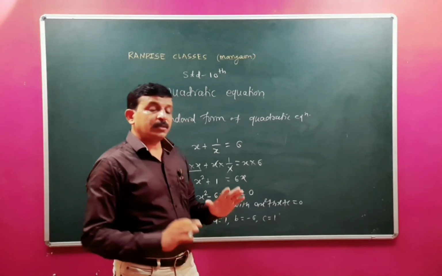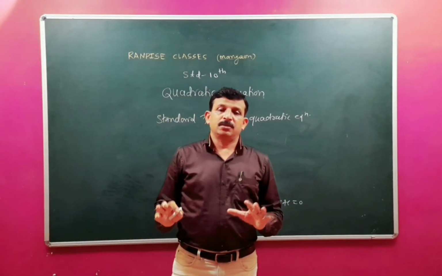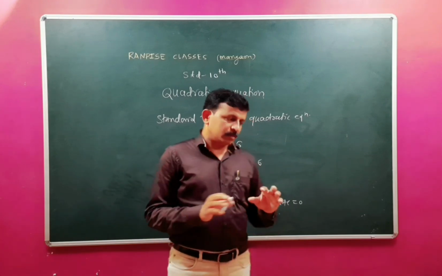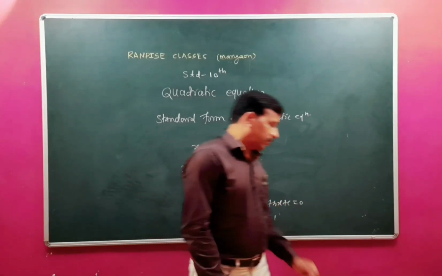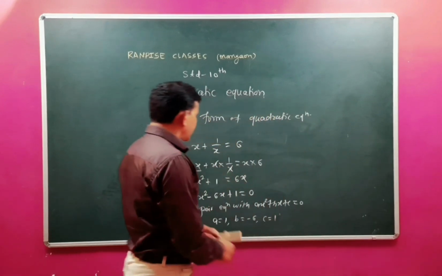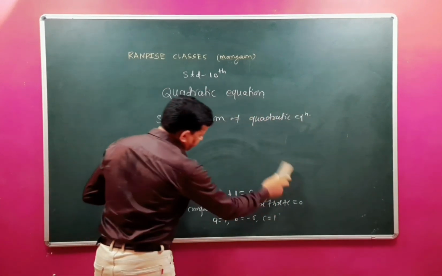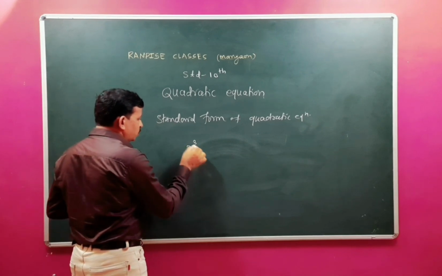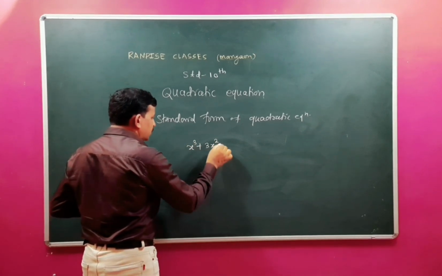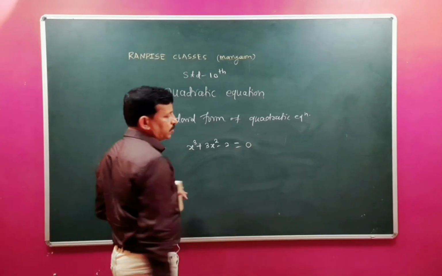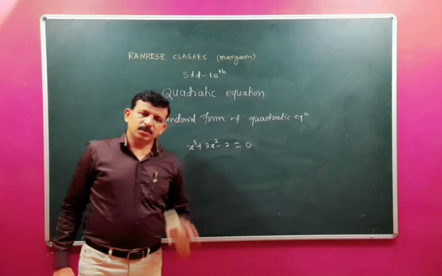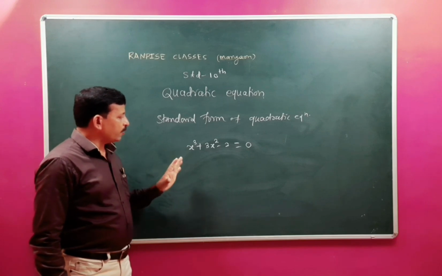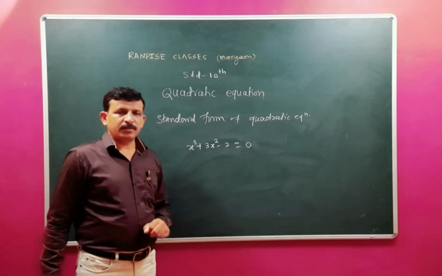Now decide whether the given equation is a quadratic equation, yes or no. Then first observe the given equation, just like x³ + 3x² − 2 = 0. See here, observe this example. Here the equation has only one variable.